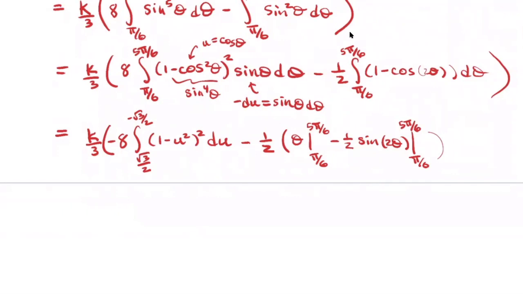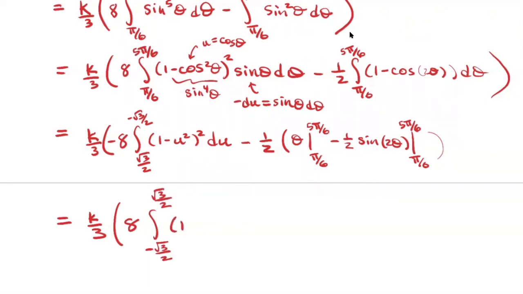I don't have any genius ideas right now. It's k over 3. I just keep brute forcing it, if I can say that. Negative 8. I'm going to leave this as negative, actually, let's make it positive 8. We'll switch the limits, so we'll go from negative root 3 over 2 to positive root 3 over 2. That changes the sign, so that's why the minus sign is gone.